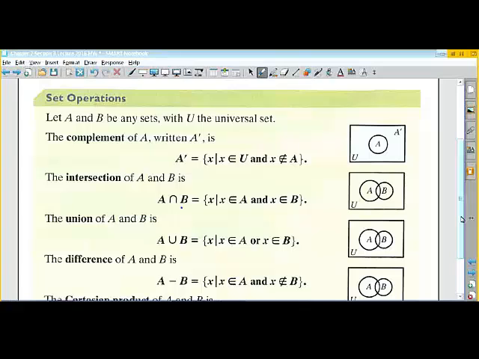It's kind of light green and light blue. So the union of two sets consists of all elements that are in set A or set B. You do have some common elements, but you only write those down one time when you show the union. So if there's overlap, if there's commonality between the two sets, you don't write them twice, you just write them one time.